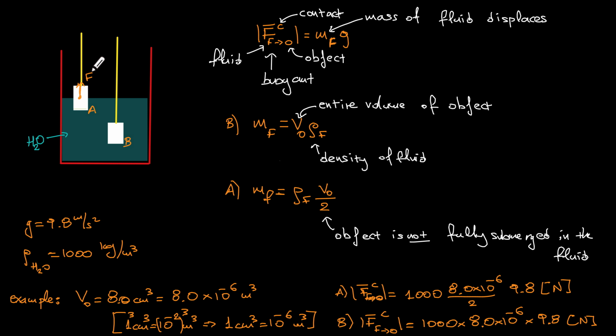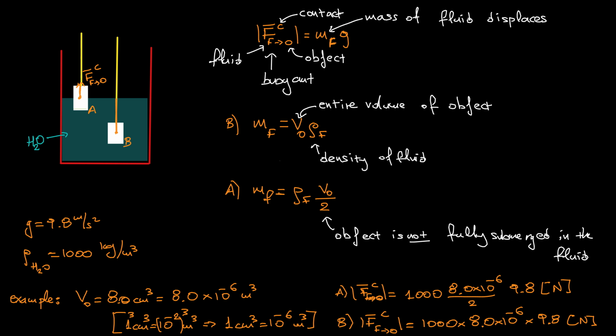So this is the direction of the contact force the fluid exerts on the object. And similarly here, now this contact force, the buoyant force, will be twice as large.